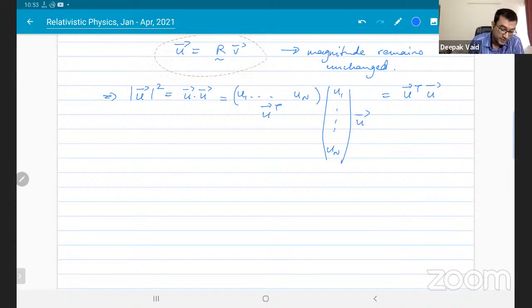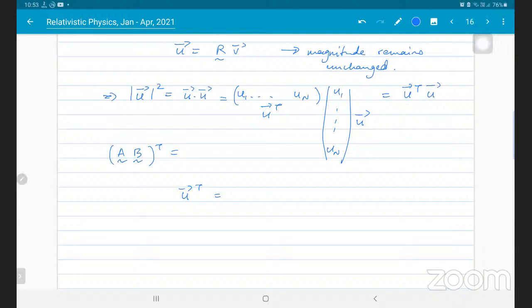So if you look at this equation and you take the transpose of both sides, what do you get? You get u transpose. What happens to the right hand side? If I have two matrices A, B, and I take the transpose of the product, what do I get? B transpose A transpose.